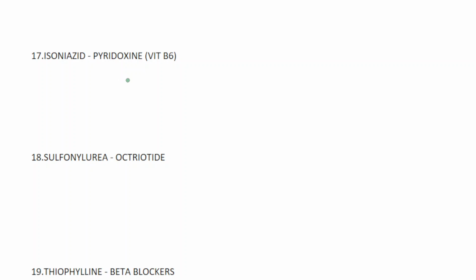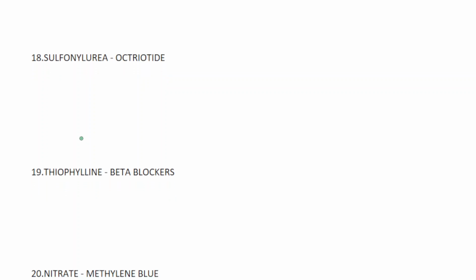For isoniazid, pyridoxine is the antidote. Isoniazid is used to treat TB. Pyridoxine, or vitamin B6, is the antidote for isoniazid. Next drug is sulfonylurea. For sulfonylurea, the antidote is octreotide.